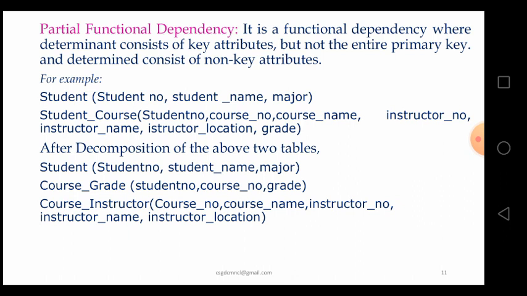Another table is course instructor. In that, course number, course name, instructor number, instructor name, instructor location come. These are the partial functional dependencies.